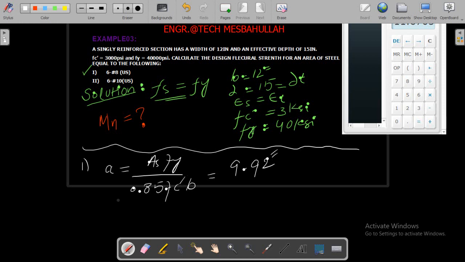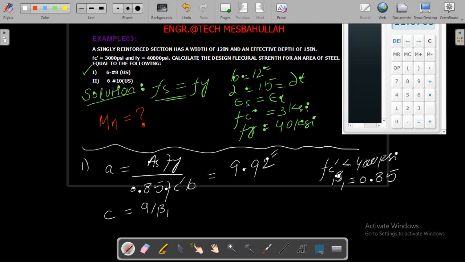Now again, we need the value of c, and the value of c will be determined by a divided by beta 1. Make sure of the beta 1 value: as we know that Fc prime is less than 4000 psi, our beta 1 value will be 0.85.